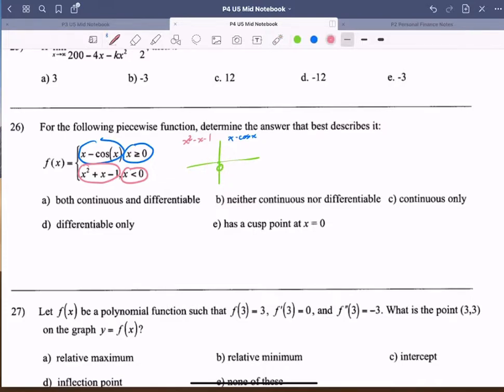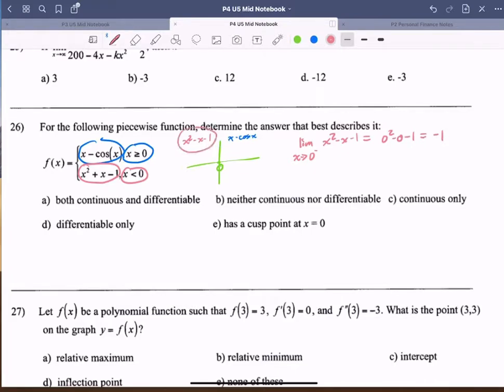If I want to find the limit as x approaches 0 from the left of x squared minus x minus 1, what would it be? You guys know limits, right? All you got to do is first try to directly substitute. If I directly substitute 0, it's 0 squared minus 0 minus 1, which equals negative 1.